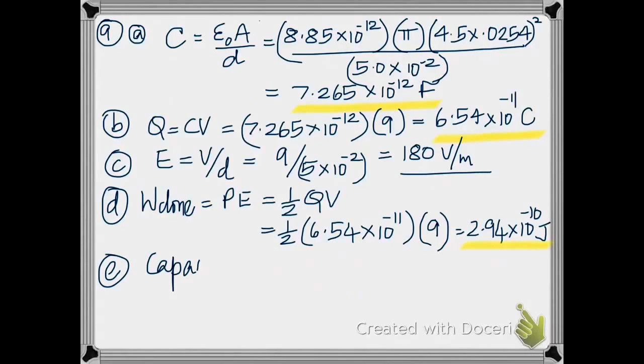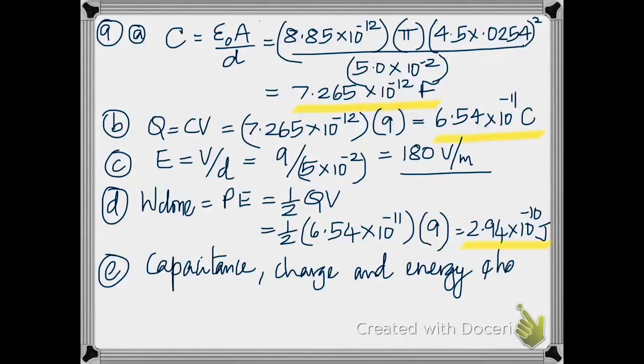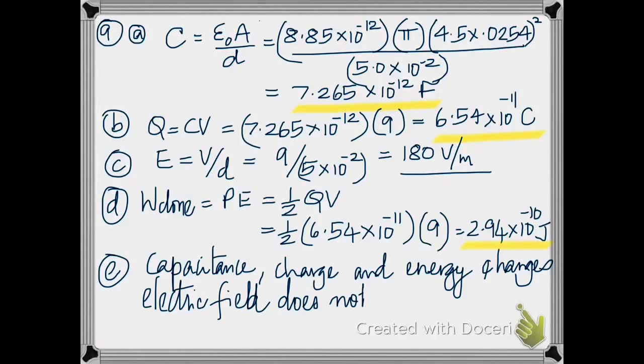And the last part asks whether the above values change if a dielectric is inserted. The capacitance changes, the charge on it increases, and energy changes, but the electric field does not change, because electric field is the ratio of the voltage to the distance, and both are constant.